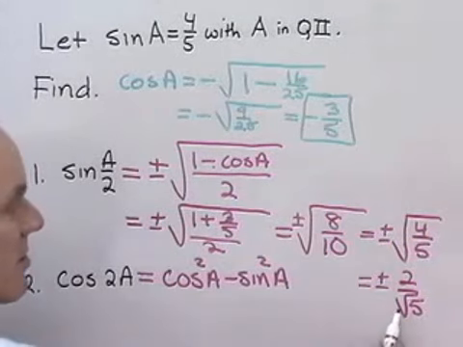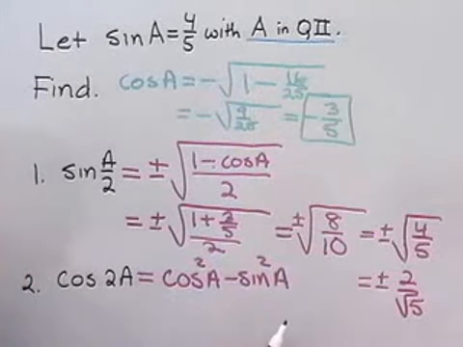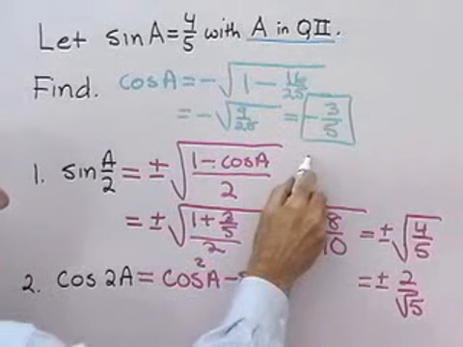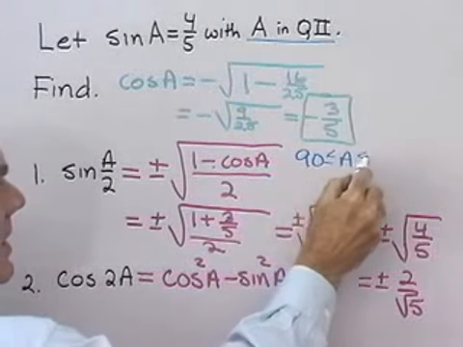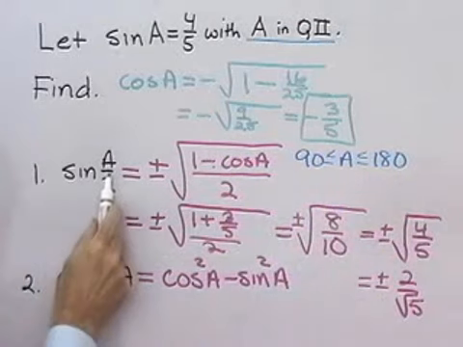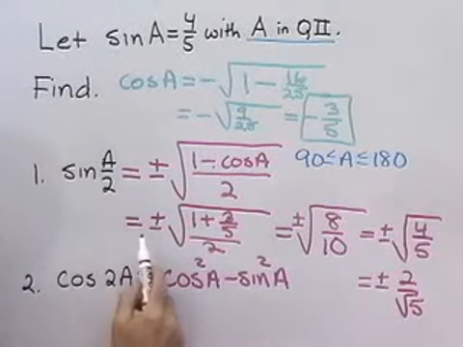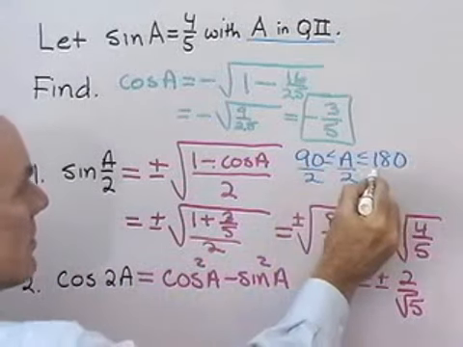So this is the answer, except I need to determine what sign this is going to be. So let me go back up here and say I know that A is in quadrant 2. So that means that 90 is less than or equal to A, which is less than or equal to 180. And what I'm looking for here is the sign of A over 2. So I need to know the quadrant that A over 2 is in. So I'll divide all of these by 2.